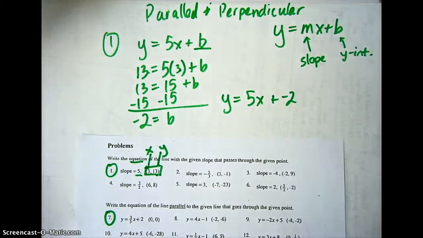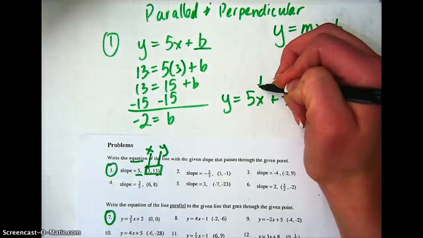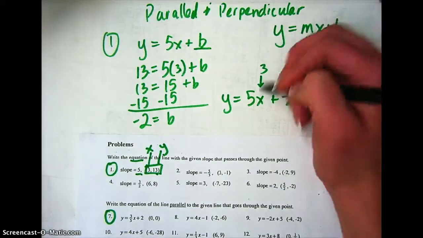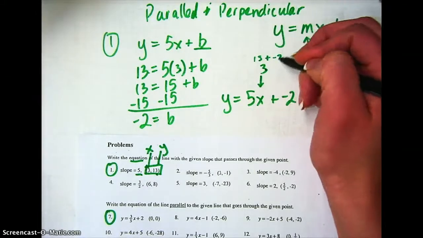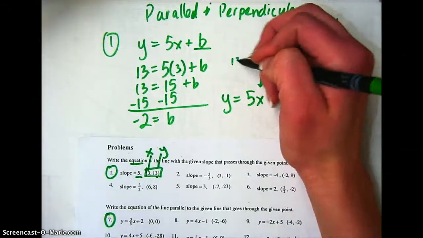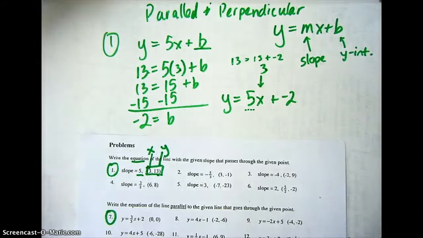That's my rule. I can check once again if this point is right, but I know it should work. If I plug in 3, I should get 13, and I will because I'll get 5 times 3, which is 15, plus a negative 2, which is 13. So this rule works for my point, and I know it works for my slope because it's right there. So that's the correct rule for number one.